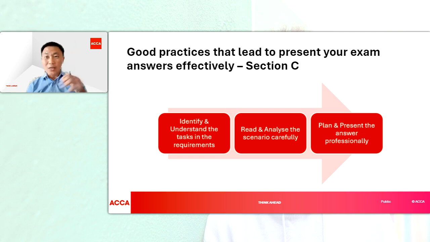To me, identifying is not that challenging compared to understanding the meaning of the task found in the requirements. I suppose by now, students should be able to pick up tasks indicated by verbs such as calculate, estimate, discuss, explain, and so on and so forth.